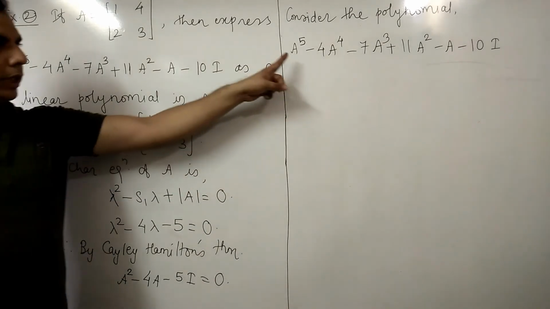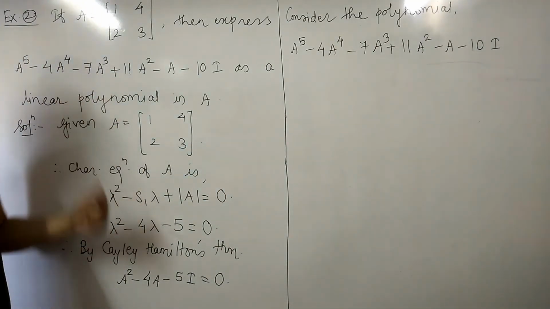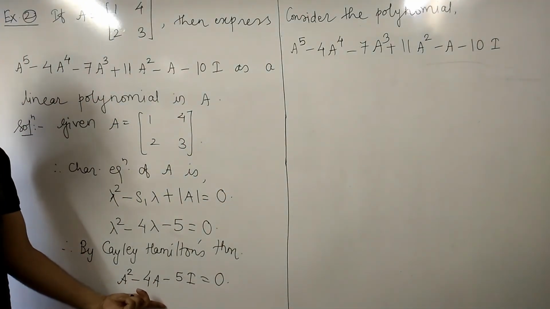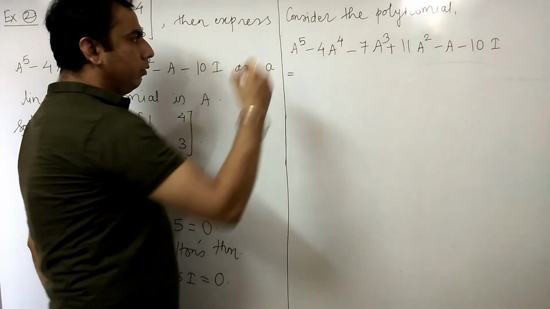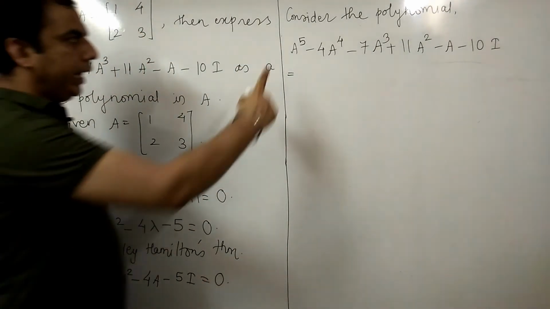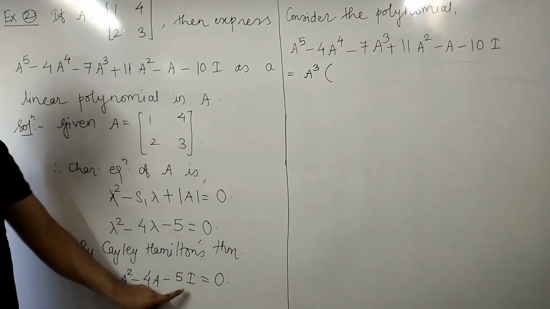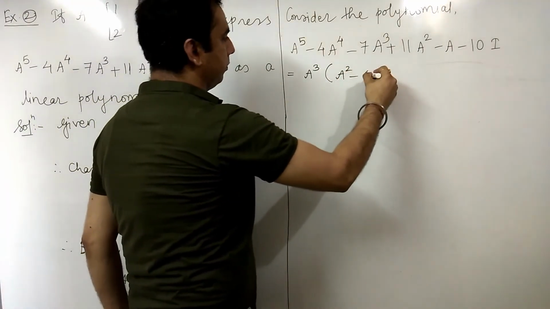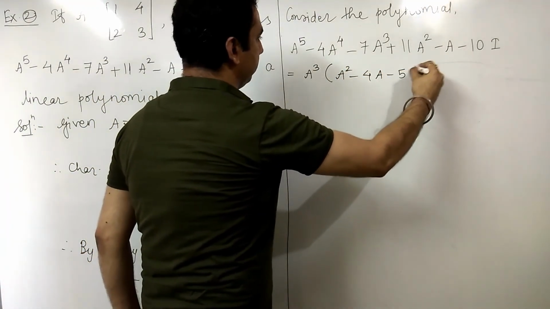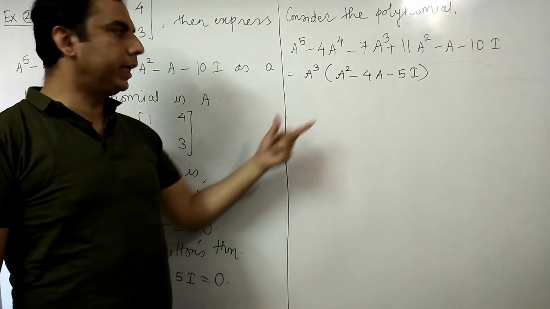For this, what we have to do? We have to take A cube common here and then write down these values A square minus 4A minus 5I, so that this can be replaced by a null matrix later on.